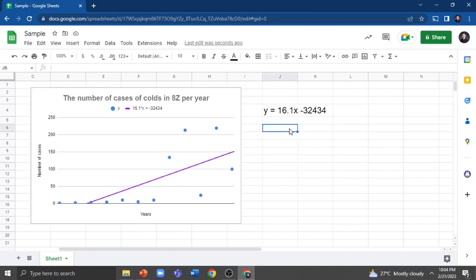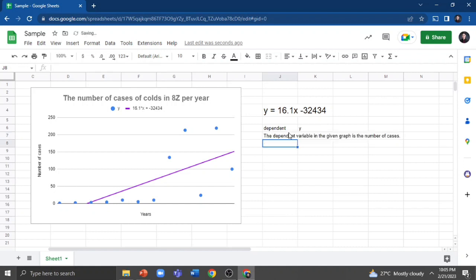So let's say again, in this given, our dependent variable, as I mentioned earlier, is our y variable. So what does the y variable stand for here? That means that our dependent variable in the given graph is the number of cases.